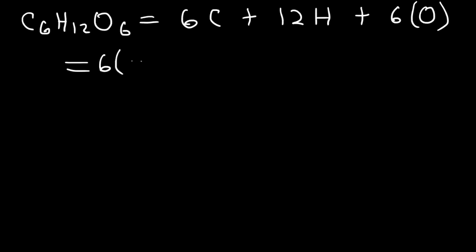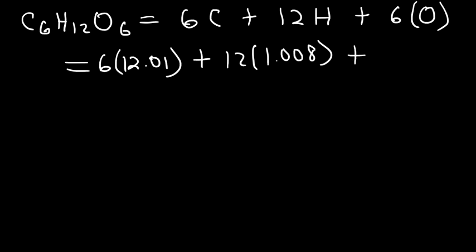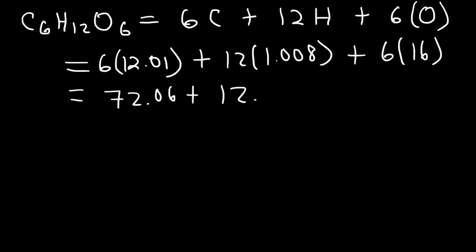Each carbon atom has an atomic mass of 12.01. And each hydrogen atom, if you look at the periodic table, is 1.008. And we've seen oxygen multiple times, so we know the atomic mass is 16. Now, 6 times 12 is 72. And 6 times 0.01 is 0.06. 12 times 1 is 12. 12 times 8 is 96, so this is going to be 0.096.